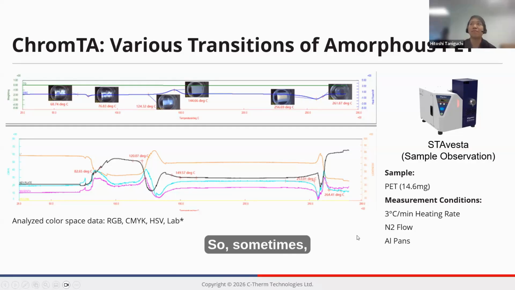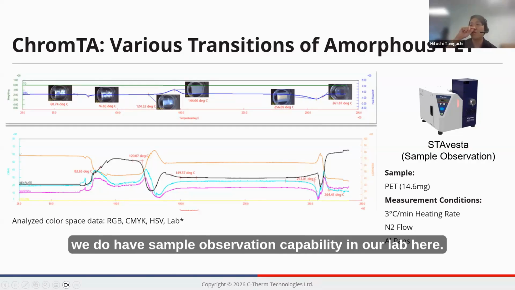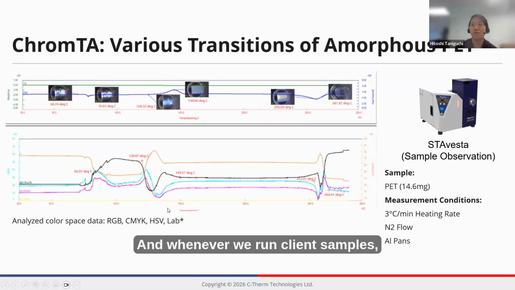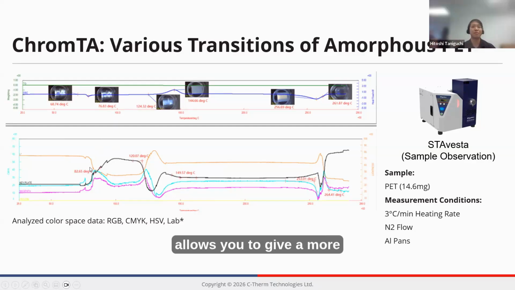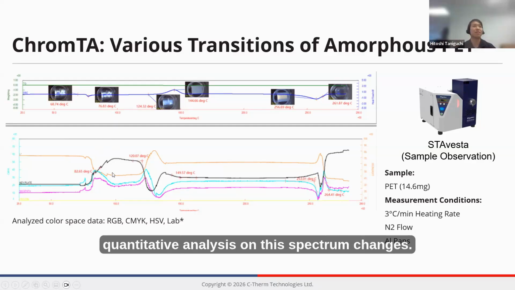Sometimes we do have sample observation capability in our lab here, and whenever we run client samples, sometimes we get confused as to whether what we're seeing is actually real. But having this kind of color analysis package allows you to give more quantitative analysis on these spectrum changes.